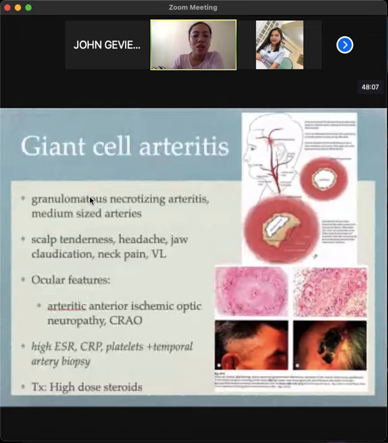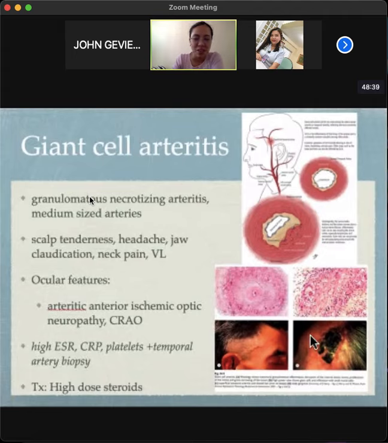So this is a granulomatous necrotizing arteritis of your large and medium arteries. As for laboratory, you would see high ESR, CRP, and platelets. And definitive diagnosis for GCA would be doing temporal artery biopsy.